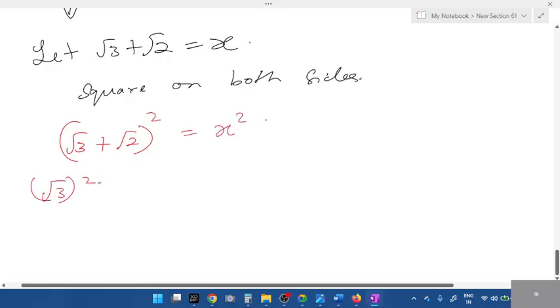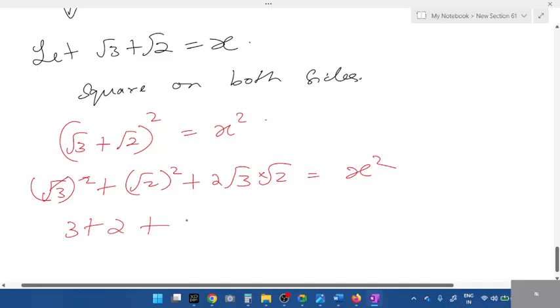Root 3 the whole square plus root 2 the whole square plus 2 into root 3 into root 2 is equal to x square. The square and root cancel. 3 plus 2 plus 2 root 6, right? Is equal to 3 plus 2 is 5 plus 2 root 6.